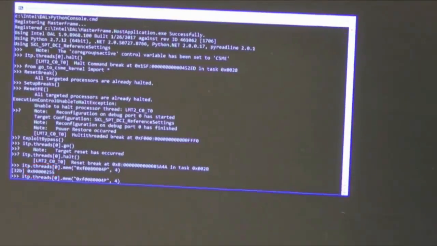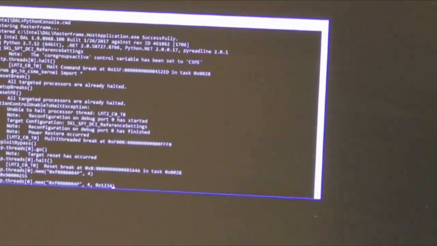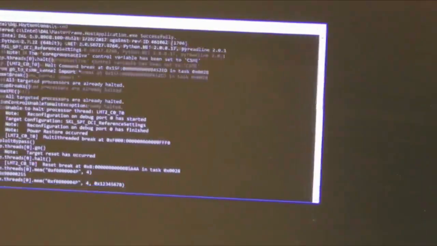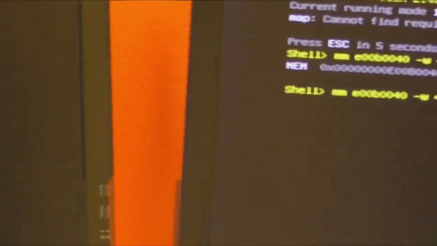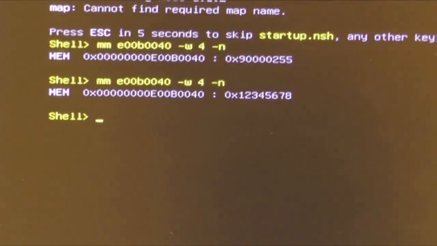Now we change this value. 1, 2, 3, 4, 5, 6, 7, 8. So the platform sees the new value. Okay. And the next video.